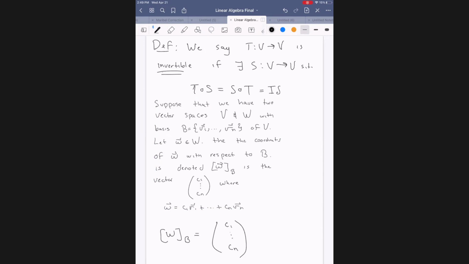And this is what's going to give us the idea of how to make a matrix representation out of different vector spaces that aren't just Rn.